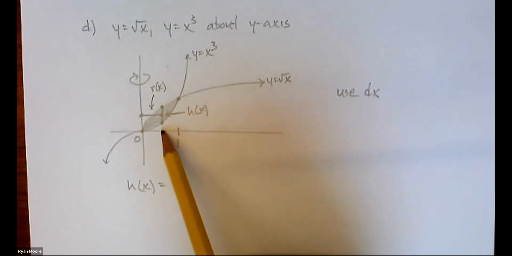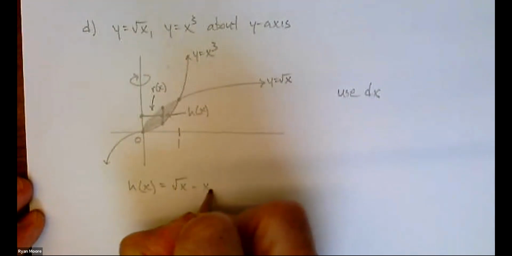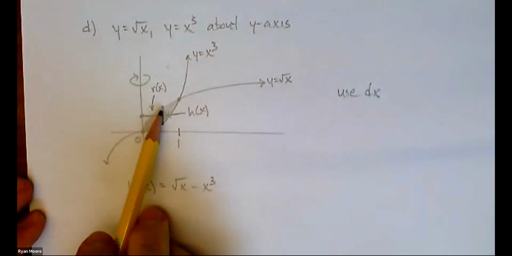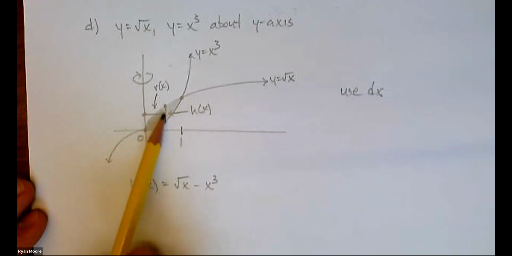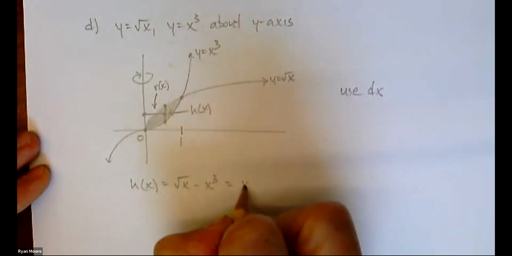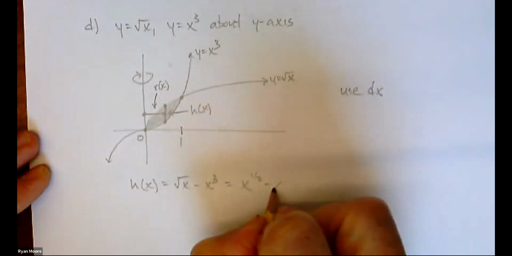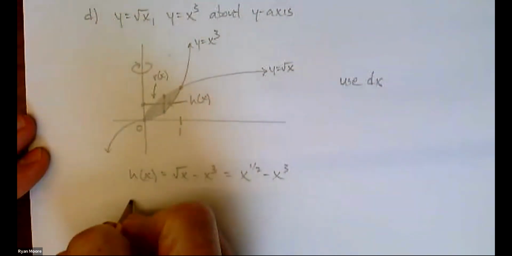The distance from the axis up to the lower function is x cubed. So if we subtract them, we'll have just the distance in between. So we'll go the top minus the bottom. That'll give us that length right there. And maybe just to be a little bit simpler, I'll think of this as x to the 1/2 minus x cubed.